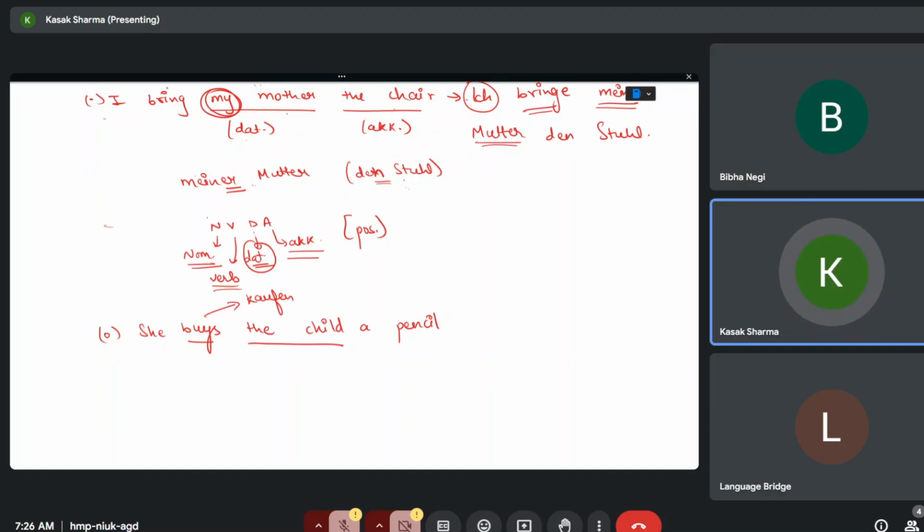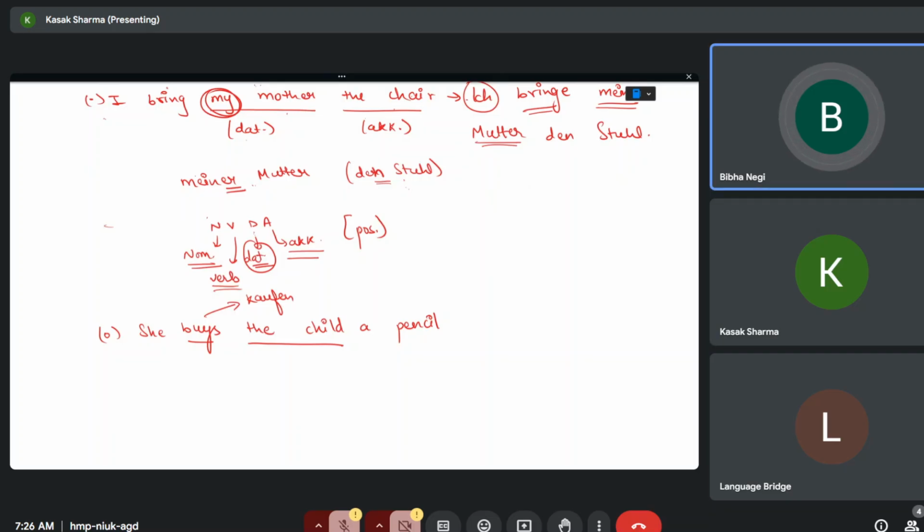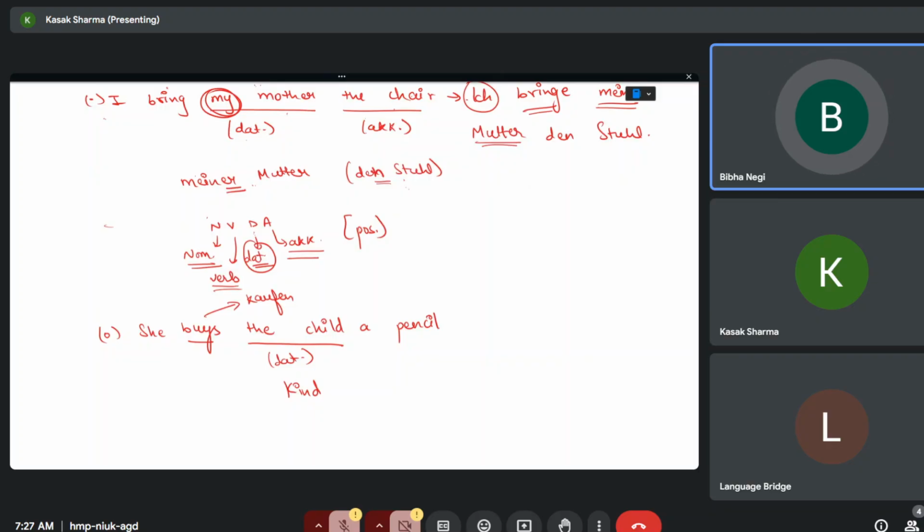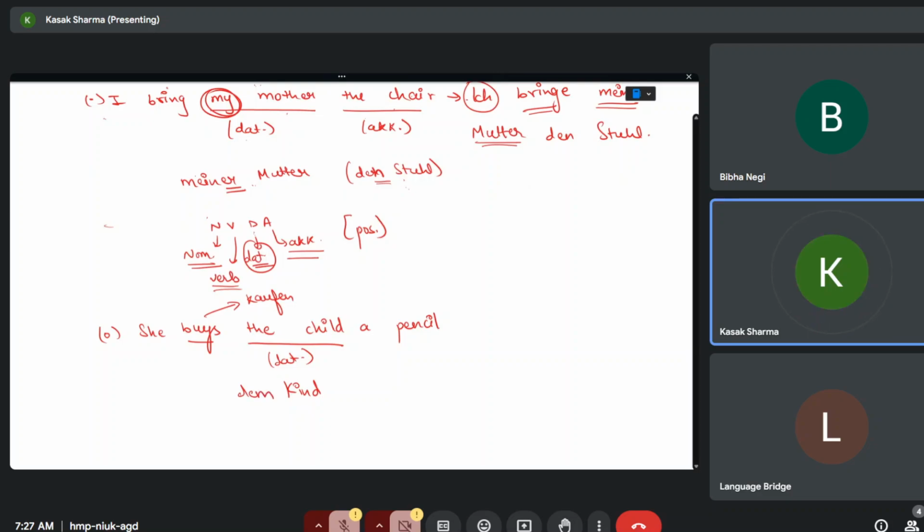So which case will I give to it? Person dative. So das Kind will change in dative into dem Kind.